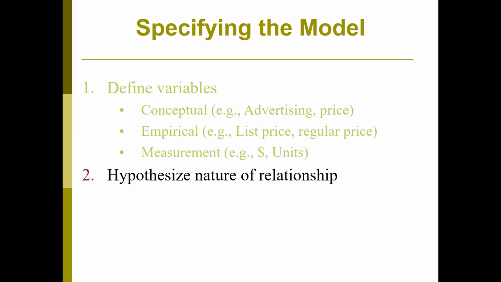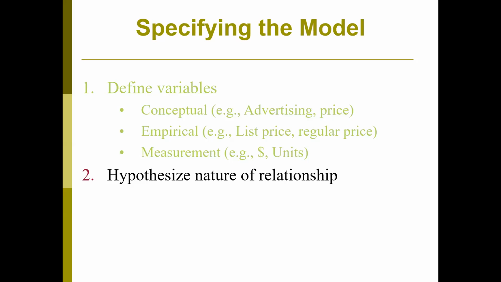To hypothesize the nature of the relationship is more or less to guess: can we have an intellectual guess about the nature of the relationship between the two variables? When I talk about regression, regression can be linear or non-linear.